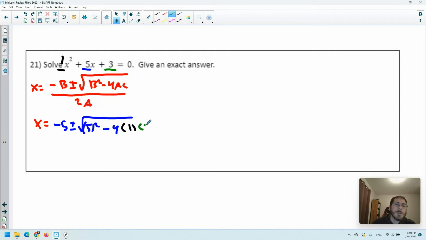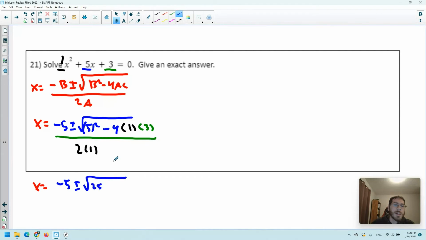C is going to be 3, all over 2a, so 2 times 1. All right, we try and simplify as much as we can. So in this case, it's going to be negative 5 plus or minus the square root of 25 minus 12, over 2. 25 minus 12: negative 5 plus or minus the square root of 13 over 2.